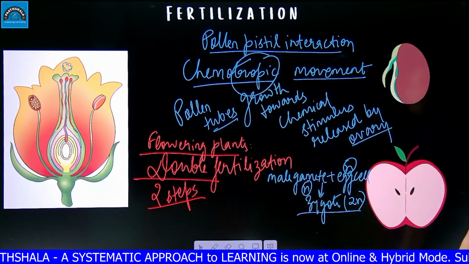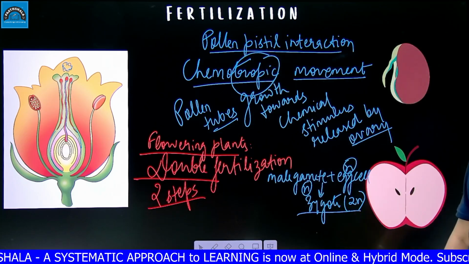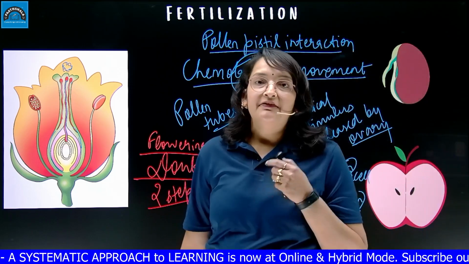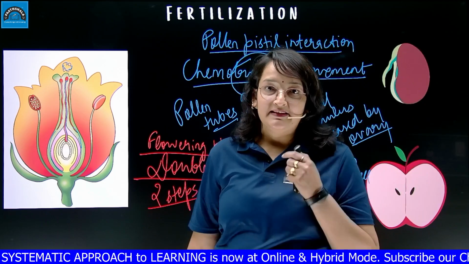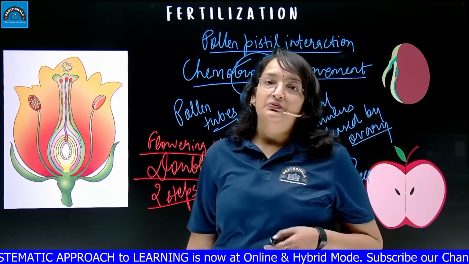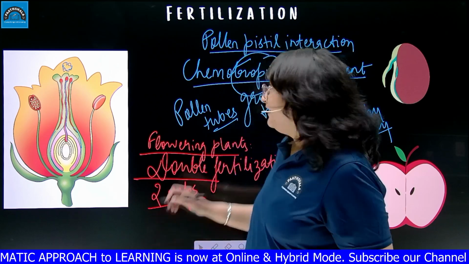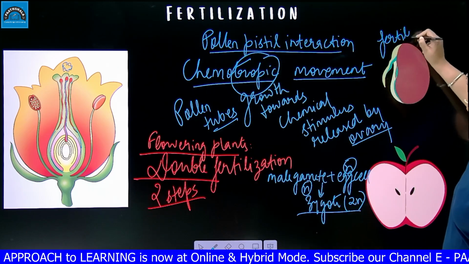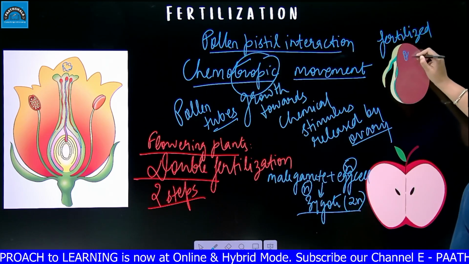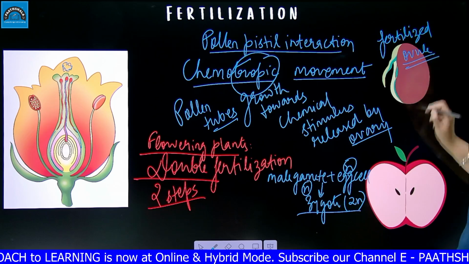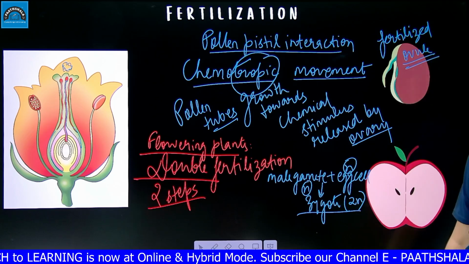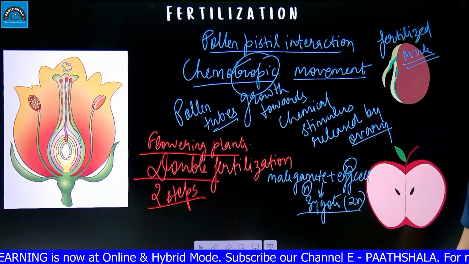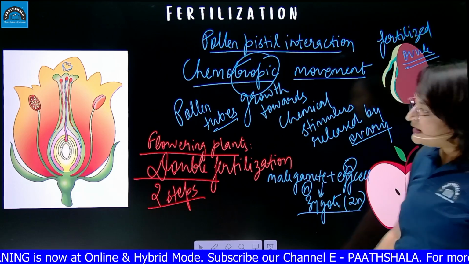Now remember, in fertilization, every fertilized ovule develops into a seed. This seed is formed by the fertilized ovule. This question is generally asked in exams: what forms the seed? Seeds originate after fertilization of the ovule. Where are these ovules located?